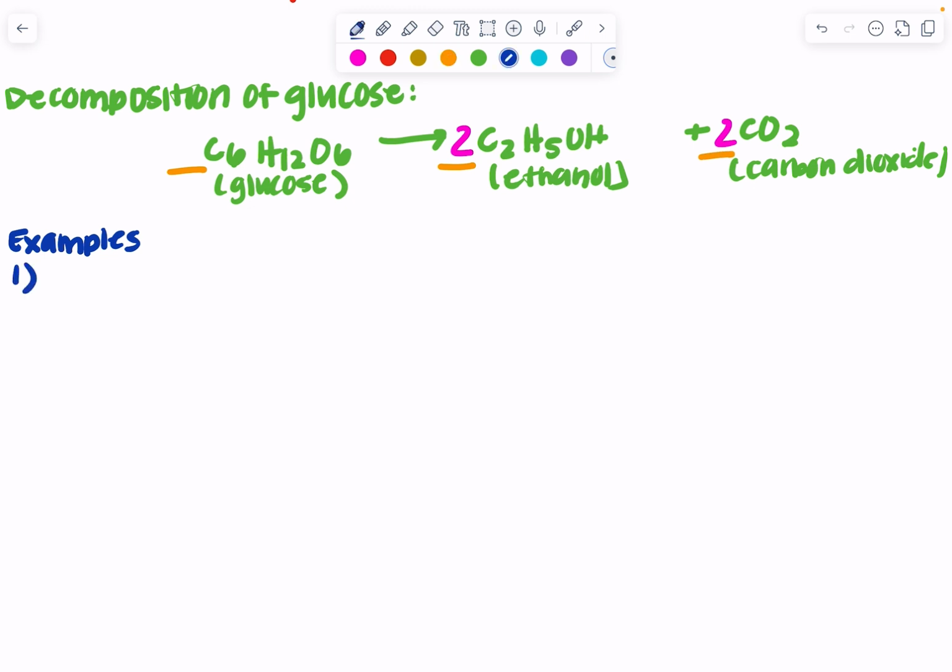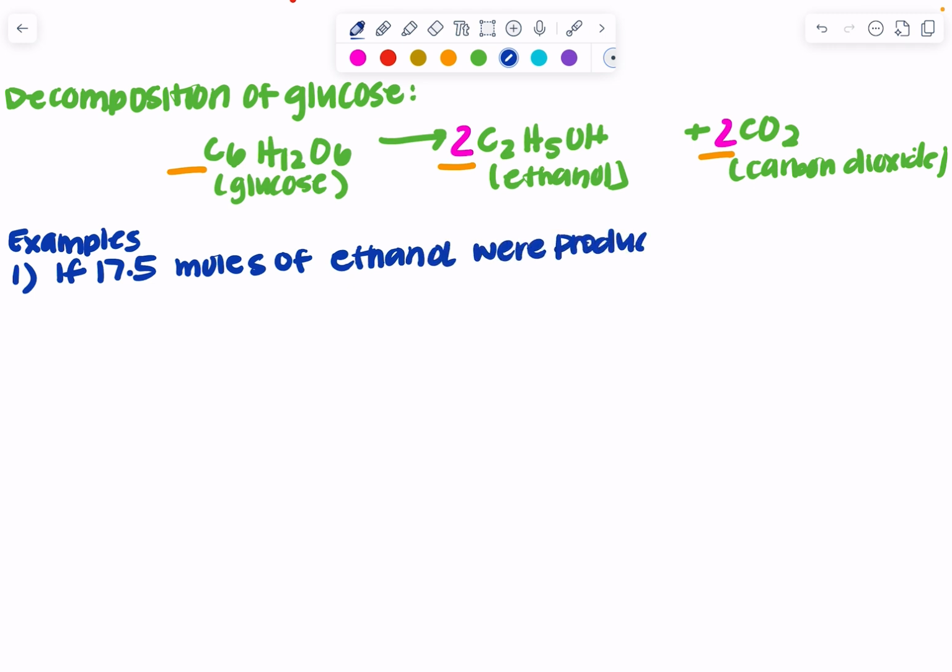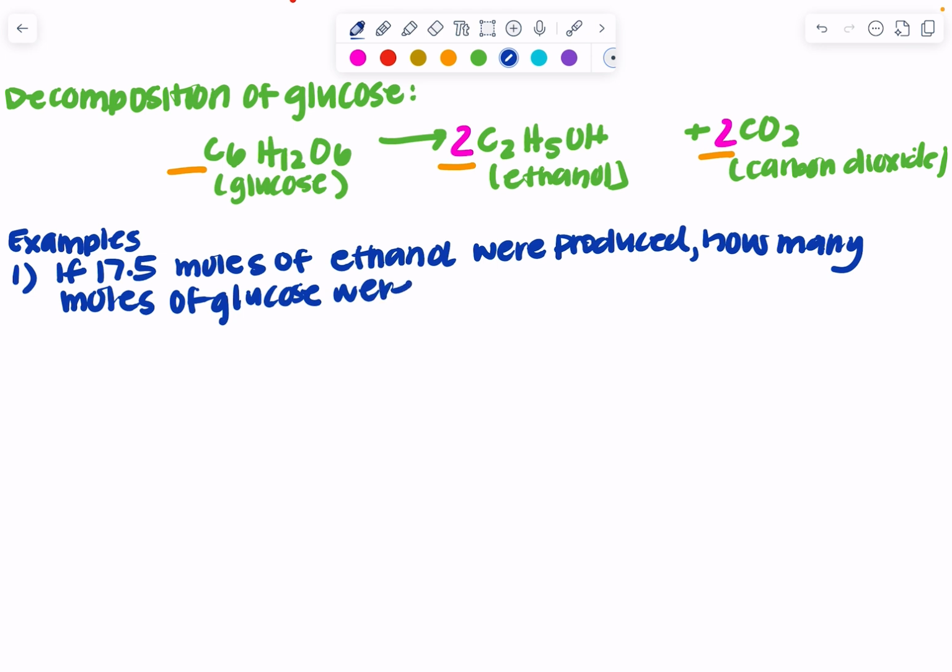Let's say our example says if 17.5 moles of ethanol were produced, how many moles of glucose were used in the beginning of the reaction?